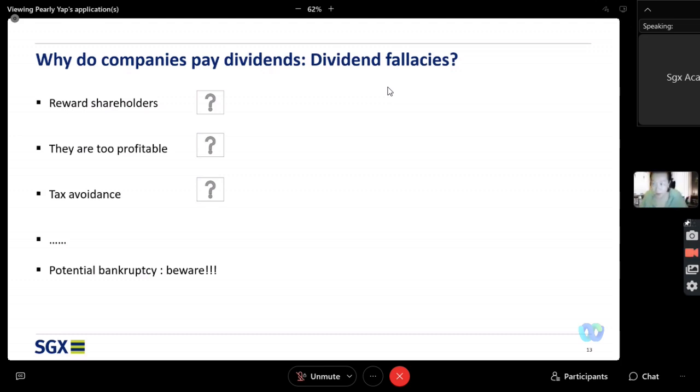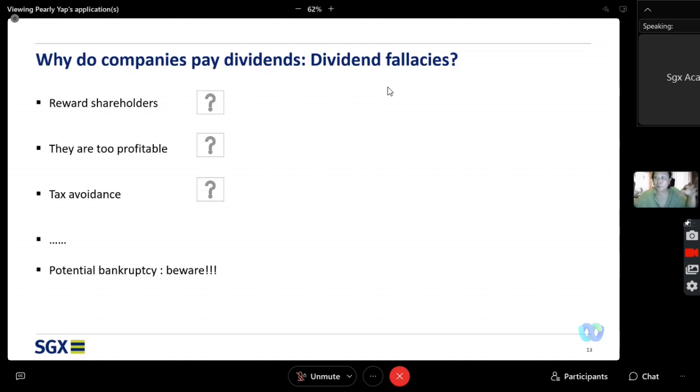There are many reasons why companies pay dividends. But actually, the real reason should be that they are profitable and shareholders own the company. So you should pay dividends to shareholders. They own the company. That should be the reason. There should not be any other nefarious reasons for it.